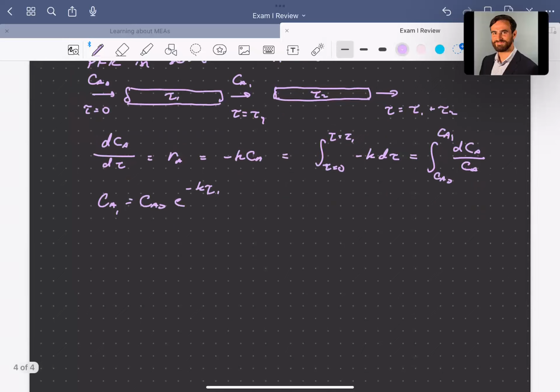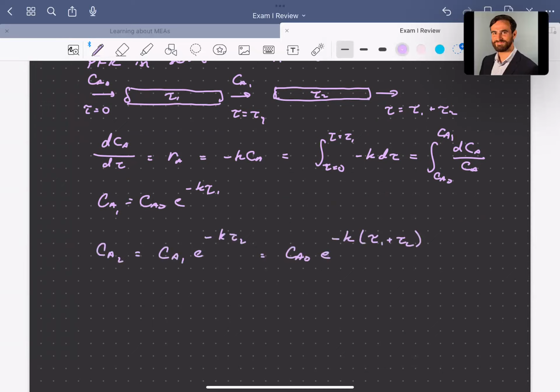And we can do a mole balance then on the second reactor. This is going to look quite similar, where the concentration of A leaving the second reactor is going to be equal to Ca1 times e to the minus k times tau2, or Ca0 times e to the minus k times the sum of the two residence times of the two reactors.